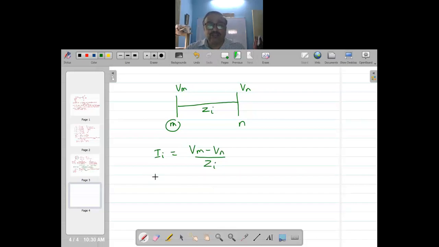So the loss in the line will be Ii square into R, where Ii is the absolute magnitude of Vm minus Vn divided by Zi, because it is I square R, multiplied by R. So this is the loss in the line.